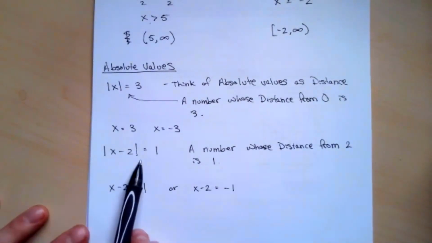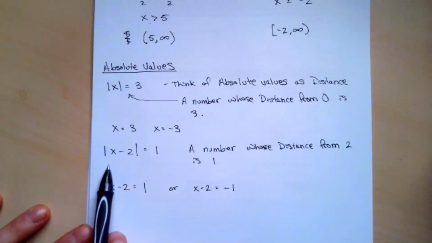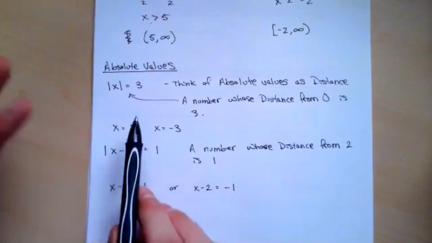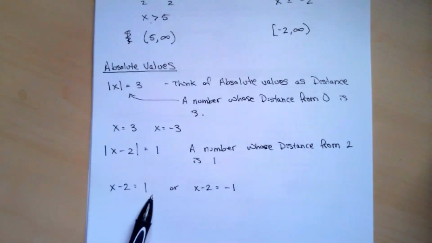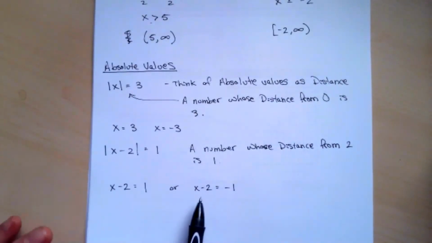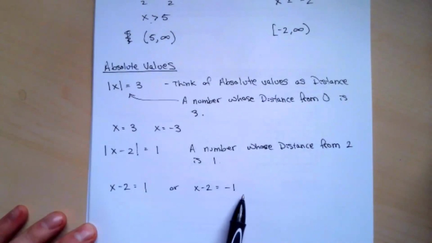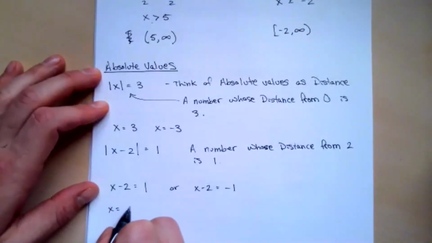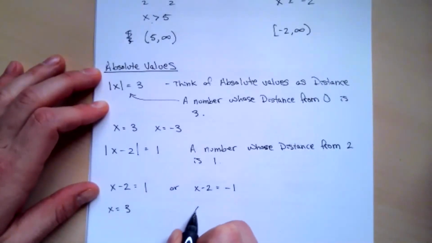The way we solve absolute values in general, when I isolate my absolute value and want to get rid of it, we split it into 2 separate equations. One equation is always going to be, whenever we just get rid of the absolute value sign, what's left? What does the equation look like? The other equation we obtain by getting rid of the absolute value and multiplying the expression on the right by a negative number. And now we solve each of these pieces. So we will get x equals 3, adding 2, and x equals 1.